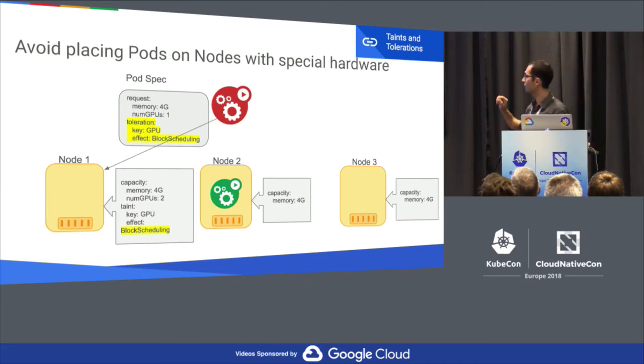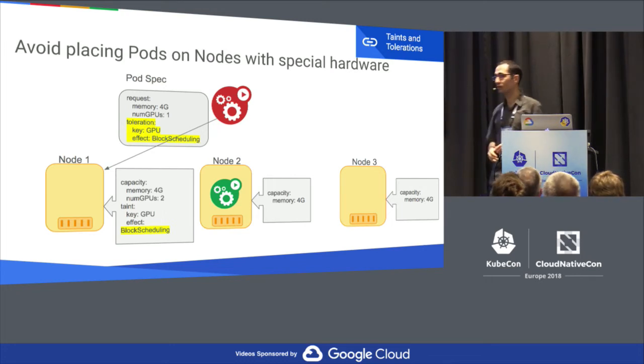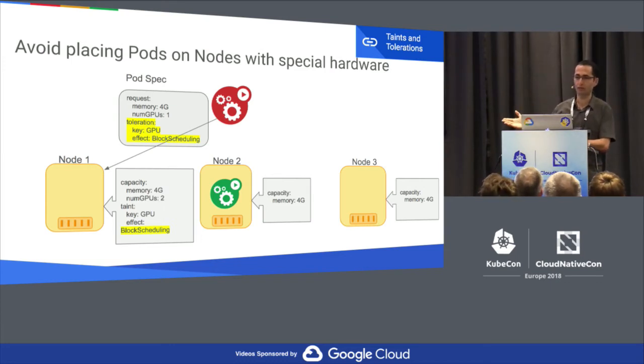One thing that I would like to add here is that there are ways to add these taints or tolerations automatically. For example, you can have an admission controller in Kubernetes that looks at the resource requirements of the pod and adds the proper toleration to the pod automatically. You don't need to always do it manually. But it also can be manual. So if you're creating a deployment, you can put this toleration in the template of the pod.